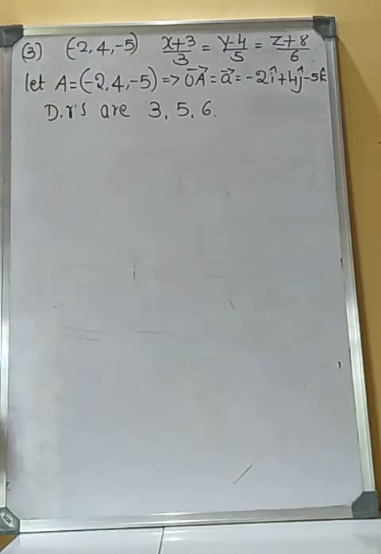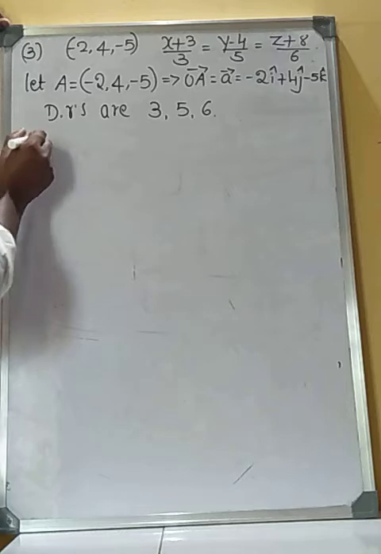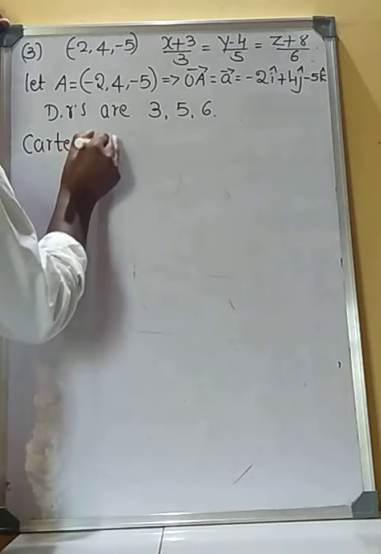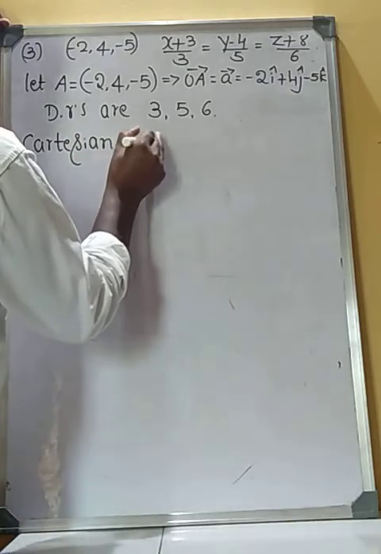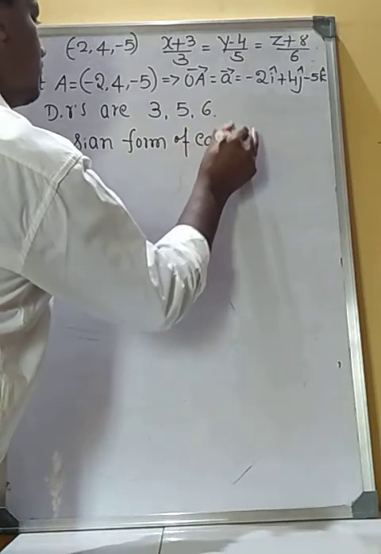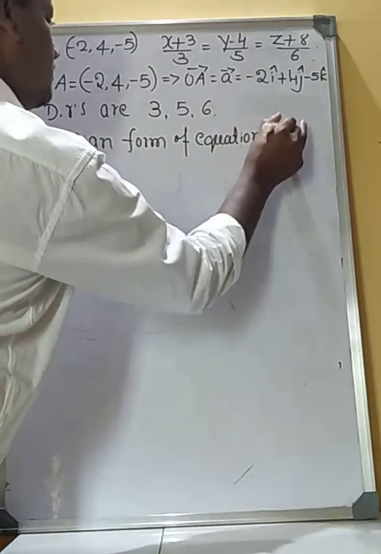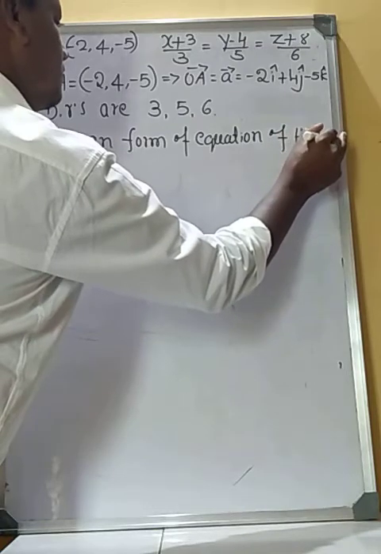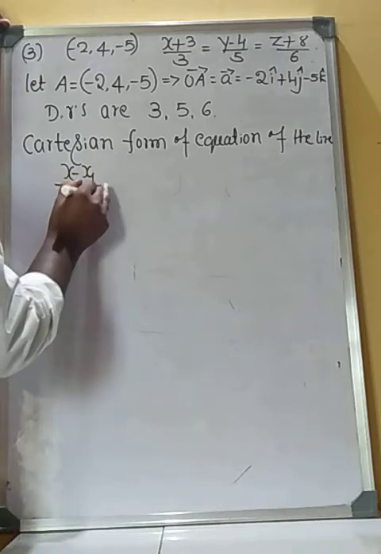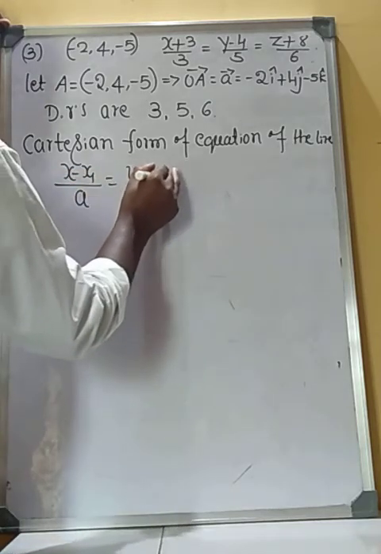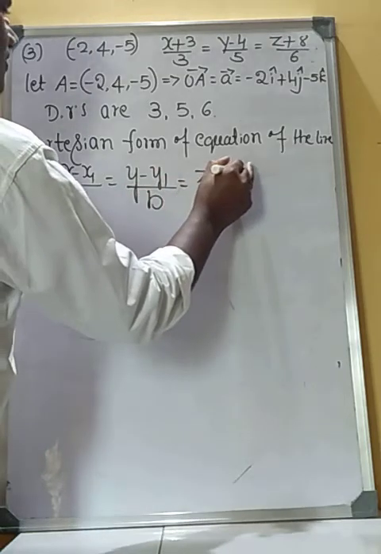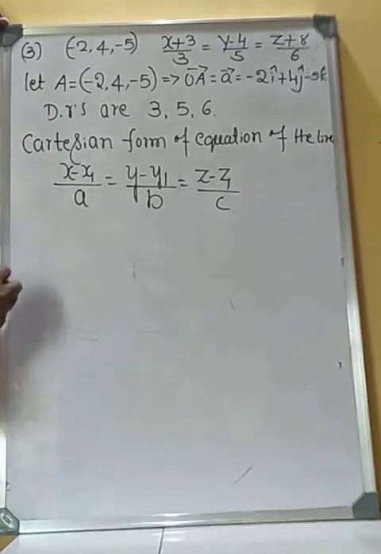So now write the Cartesian form of the equation of the line. The equation of the line is given by (x minus x1) by a equals (y minus y1) by b equals (z minus z1) by c.